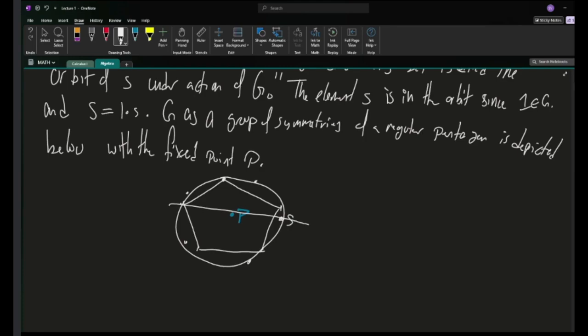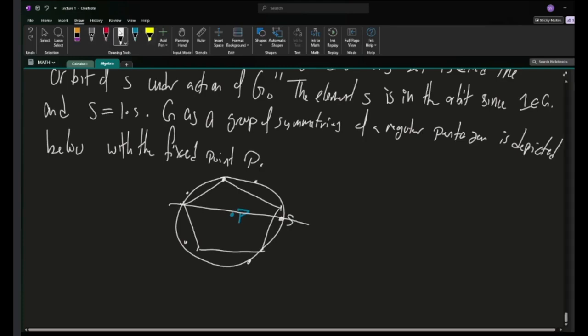We could think of these as infinitely many points that create a pentagon around this point P.